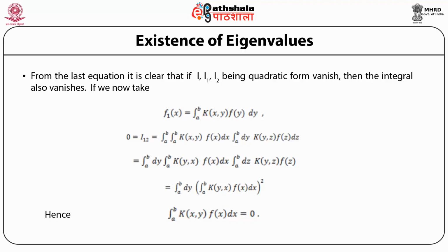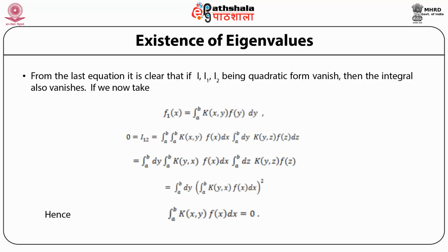If we now take f1(x) equal to the integral from a to b of K(x,y) f(y) dy, we get I12 equal to 0, equal to the integral from a to b of K(x,y) f(x) dx multiplied with the integral of K(y,z) f(z) dz dy.